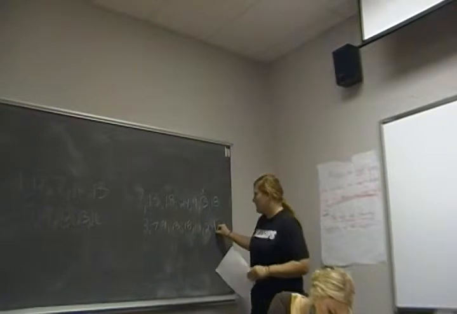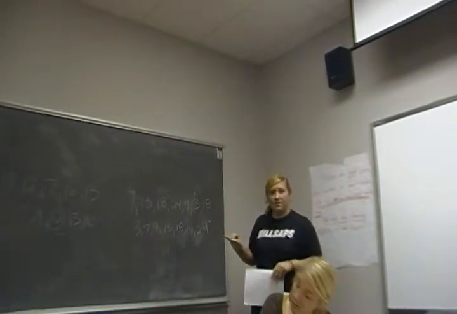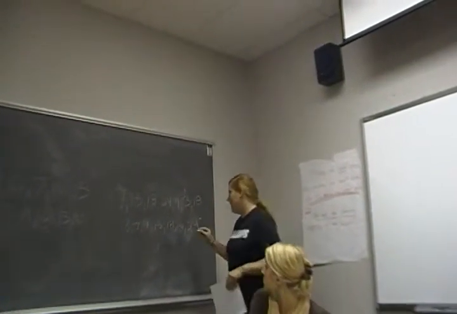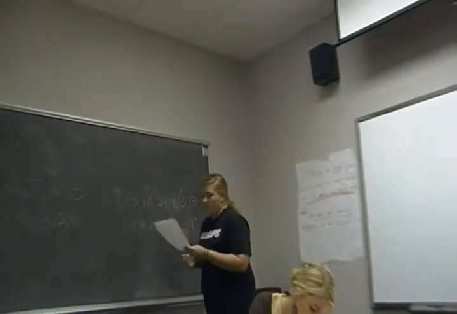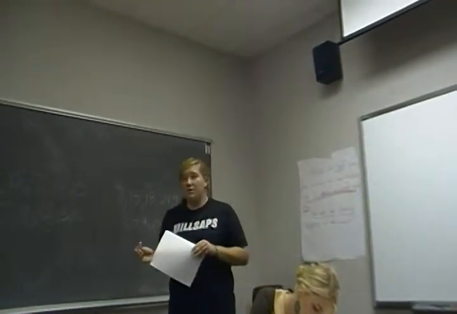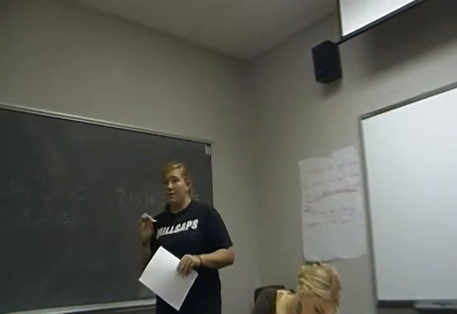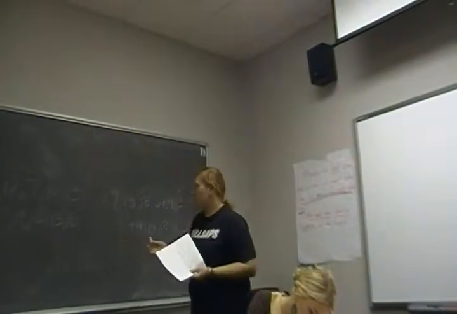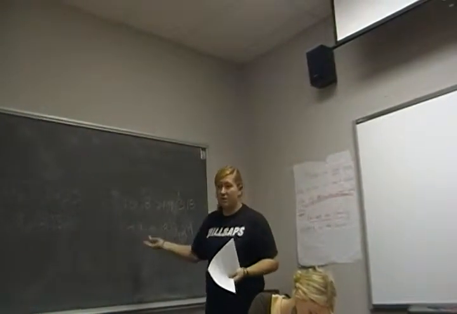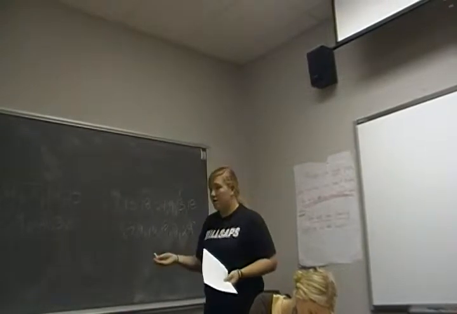Can anybody tell me what the mode number is in this set of data? 18. 18, nice, because it occurs the most. Sometimes when you're working with mode, you can have more than one, which would be called bimodal, or you can have none at all because sometimes the same amount of numbers occur throughout the whole data.